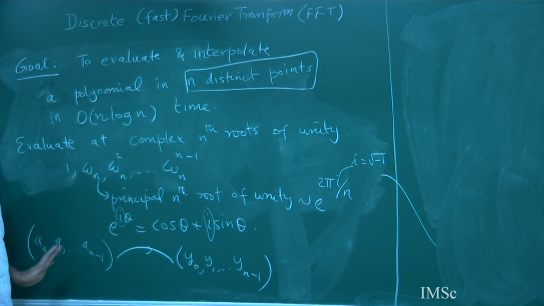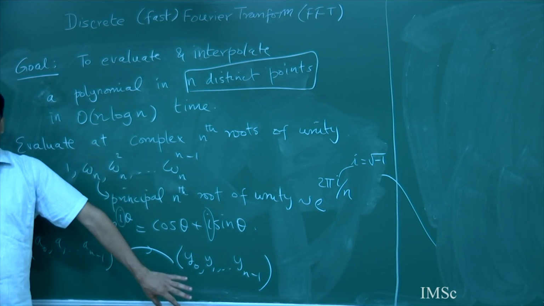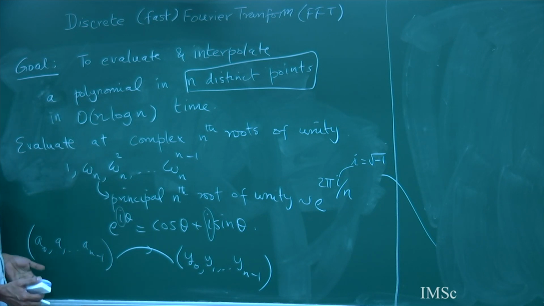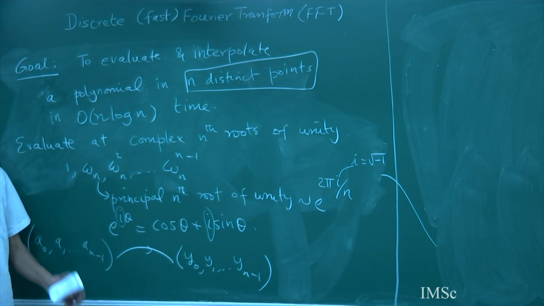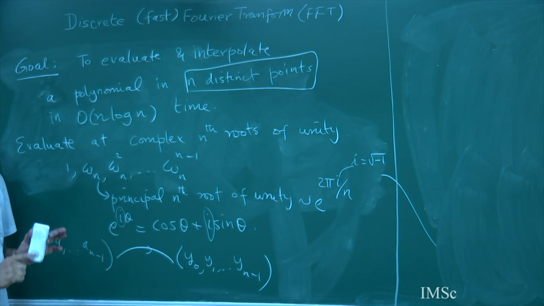So that's the Fourier transform. Okay, and we are evaluating at this specific complex nth root of unity and whatever vector, and we will also see that we can compute the inverse also in n log n time. So this is the discrete Fourier transform. There are some issues about rounding when you are trying to implement it, and we are not going to deal with it now.